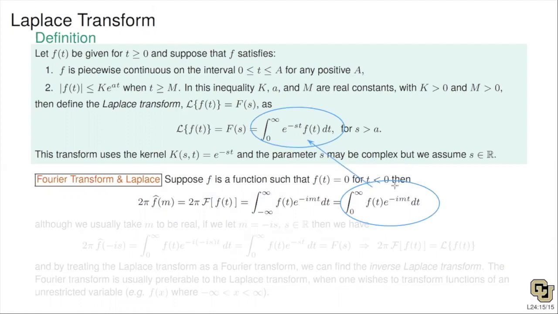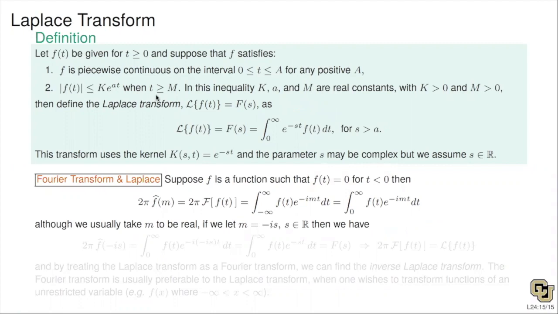And in fact, the Laplace transform is now seen as a special case of the Fourier transform, for the case in which you're taking the transform of a function that's 0 for t less than 0. So essentially we're seeing the Laplace transform as a special case of the Fourier transform. And you can do the math to actually get from the Fourier transform to the Laplace transform.